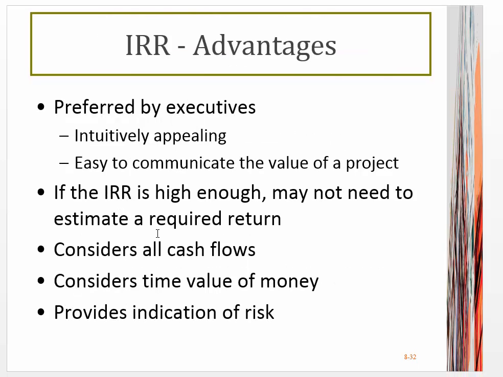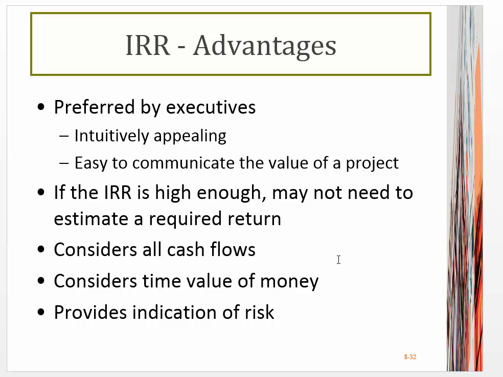So what's the issue with this? Well, the advantages are executives really like it. It's easy to communicate. If the internal rate of return's high enough, you might not even have to estimate any other numbers, like required returns. It uses cash flows and time value of money, and provides an indication of the riskiness of the project.